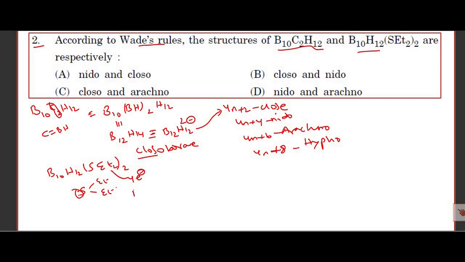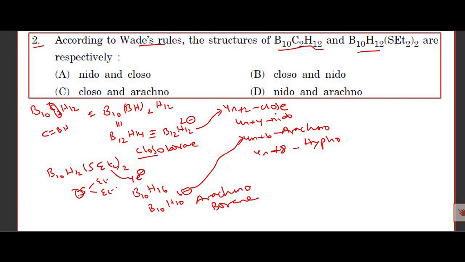Hence this can also be written as B10H12 plus 4, that is 16, or B10H16, or B10H10 6-, which shows it is an arachno-borane.